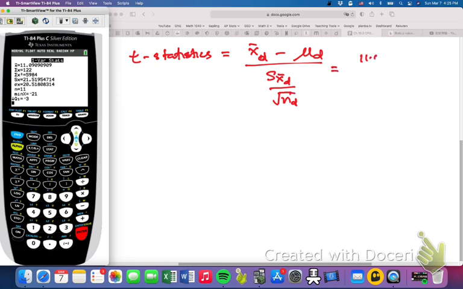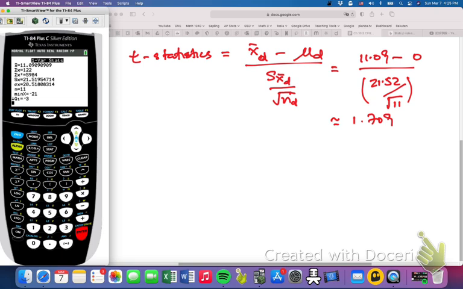So if you plug everything in, it's 11.09 minus 0 because that's what we assume, right? The true mean difference is equal to 0. Then divided by 21.52, that whole thing is divided by the square root of 11, and that comes up to 1.709.